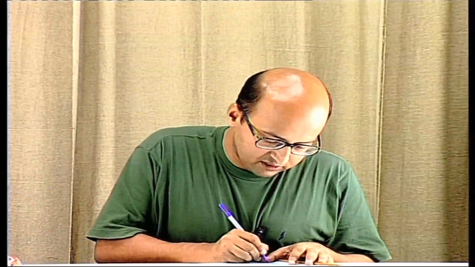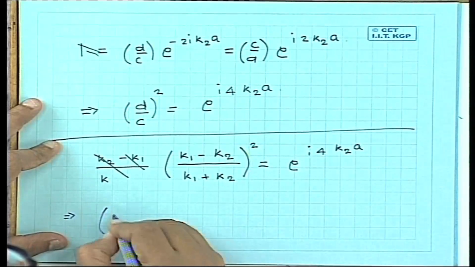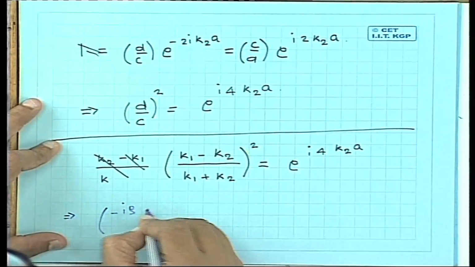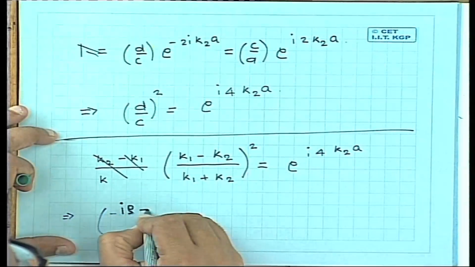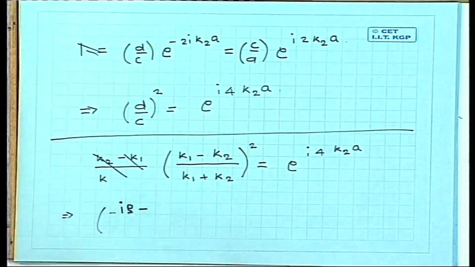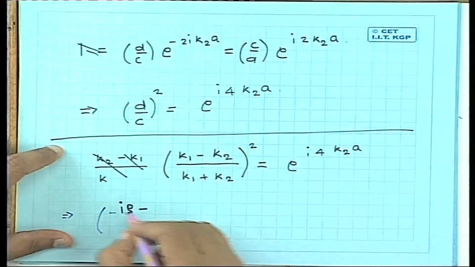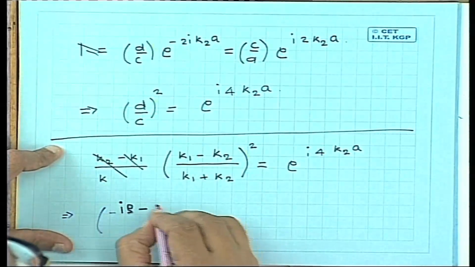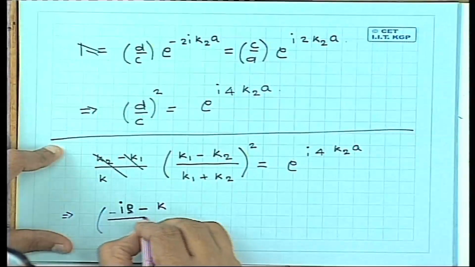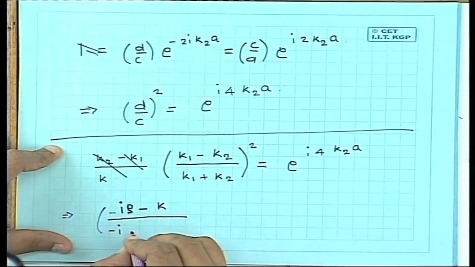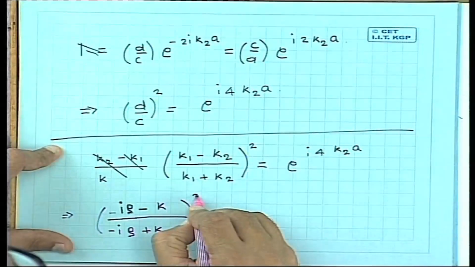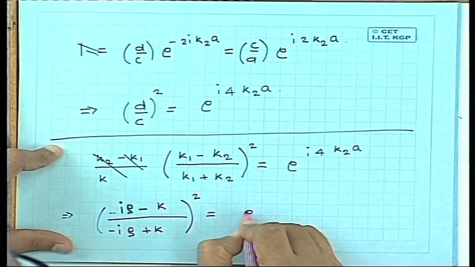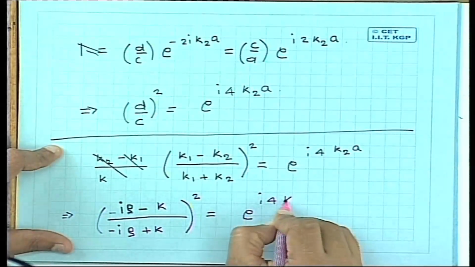Now let us also put in the fact that K1 is equal to minus I rho. So this implies that minus I rho minus k, let me drop the subscript 2 for the time being because we are going to use rho and k, divided by minus I rho plus k, squared, is equal to e to the power I 4 ka.